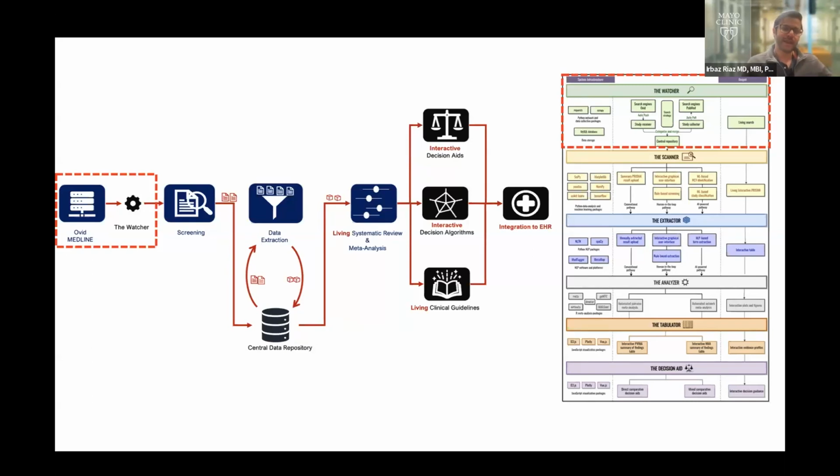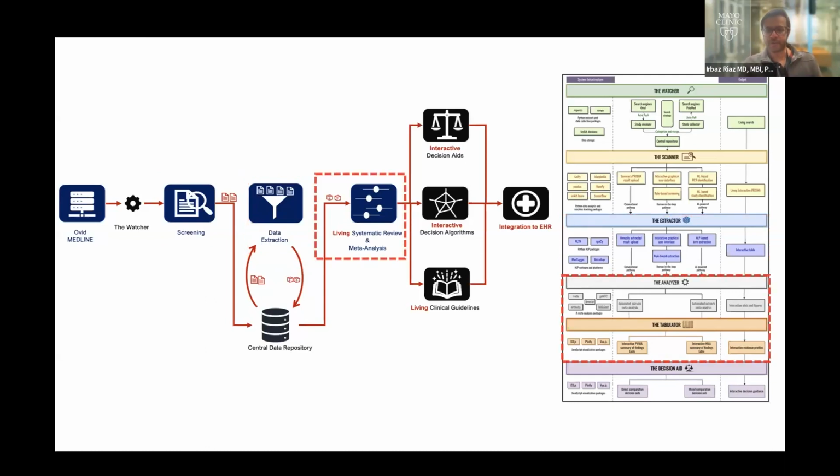So the watcher watches evidence, the screener screens the new evidence so that we can ensure that the right citations are included in a particular analysis. Then the extractor model extracts data, the analyzer model analyzes the data, and then the CNA models are designed to interact with the patients.